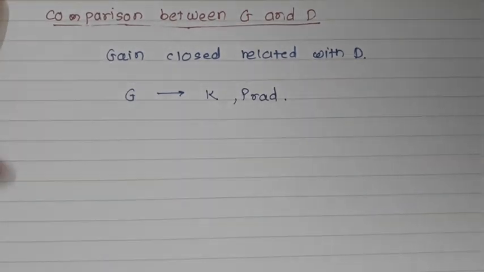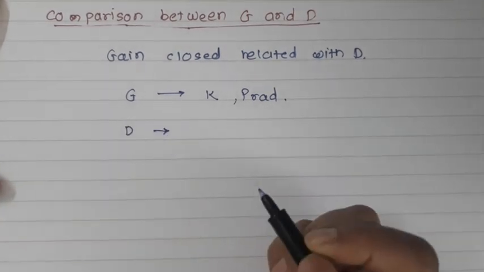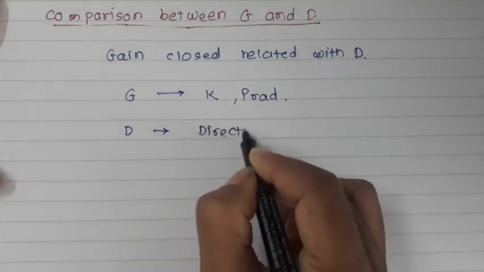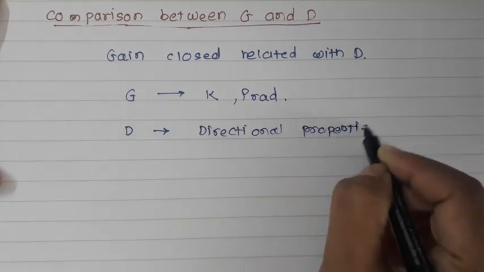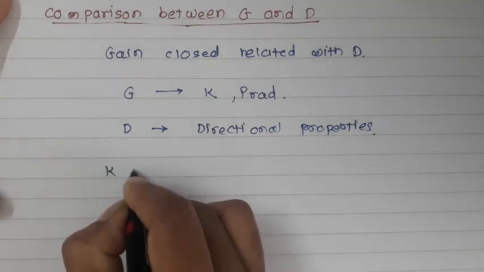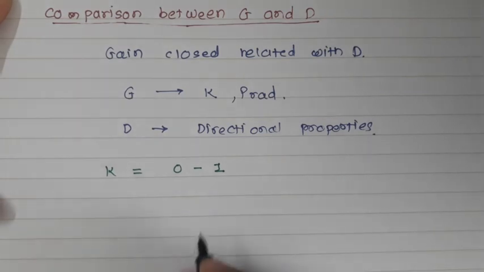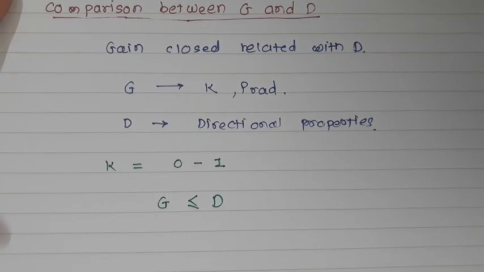The directivity, however, is described in terms of the directional properties, and is therefore controlled only by the pattern, the directional radiation pattern of that antenna. Since the value of k, that is efficiency, lies between 0 and 1, we find the gain is less than or equal to D. So G is always less than or equal to D.